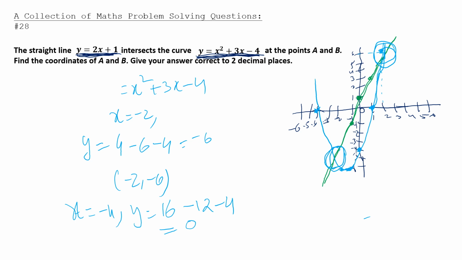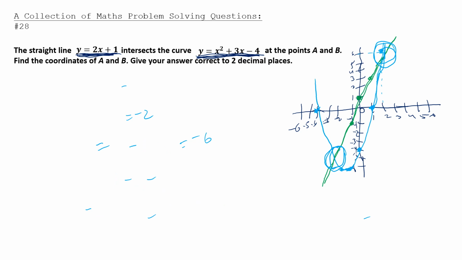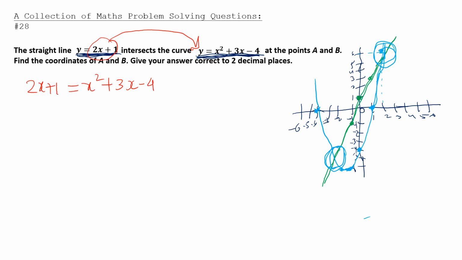So now let us do the solving. That part is quite straightforward. All I have to do is put in 2x plus 1 in place of this y and put equals x squared plus 3x minus 4.